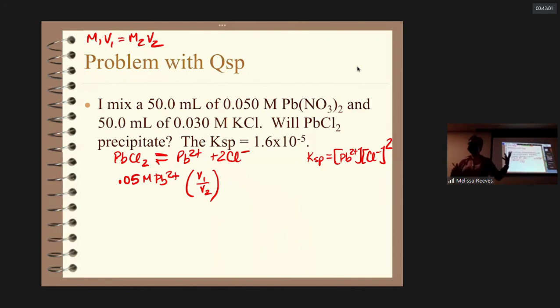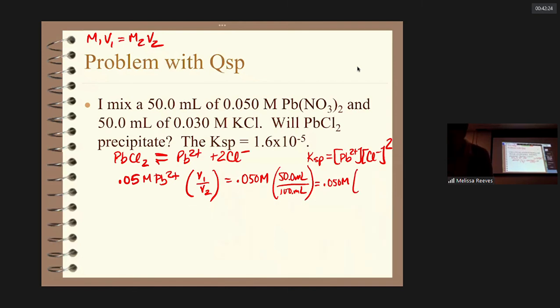So I started with 50, I'm going to 100. So that's 50 over 100. That's just dividing by 2. Let me write it out. 0.050 molar times 50 milliliters over 100 milliliters is 0.025 molar. 50 over 100 is just a half, right? And what we tend to say in lab is it's a 1 to 2 dilution.